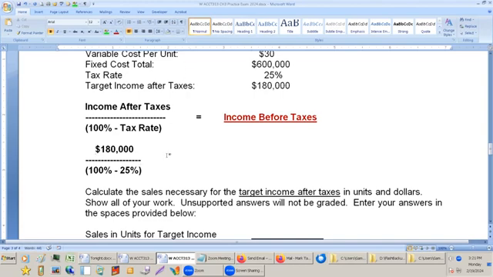Okay. So this equals 180,000 divided by 100% minus 25%, which is 75%.